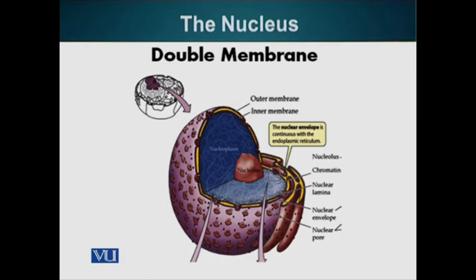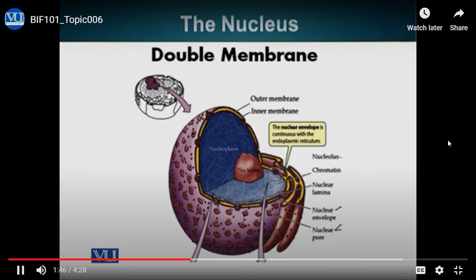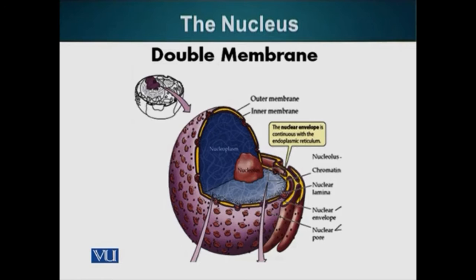Inside the nucleus there is a structural element, a type of skeletal element, which is called nuclear lamina, that is basically maintaining a specific shape of the nucleus. Nuclear lamina is very important. It not only maintains the shape of the nucleus, it also protects the DNA contained in the nucleus from damage.